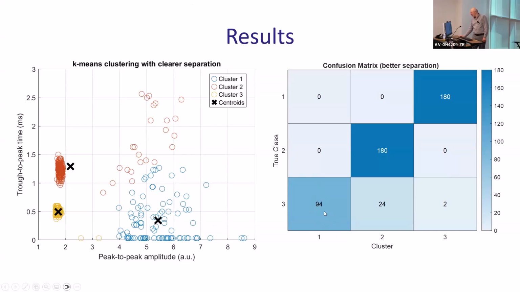Nothing from true class 1 was mislabeled as cluster 1 by K-means. Regarding true class 2, 180 were correctly identified. For true class 1, 180 also were correctly identified.